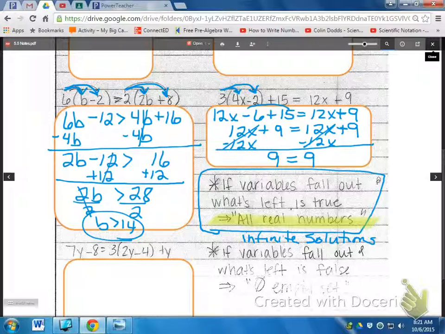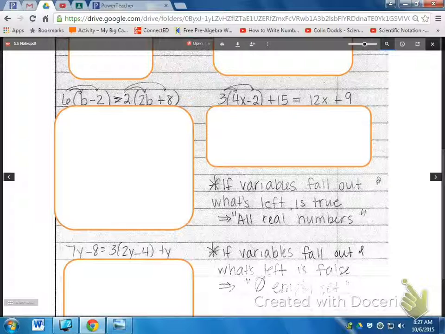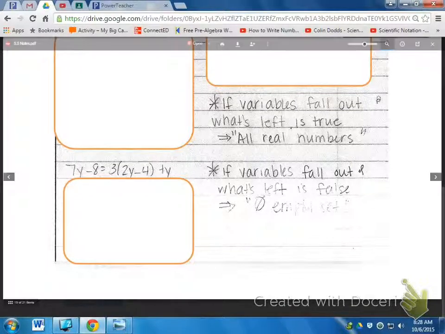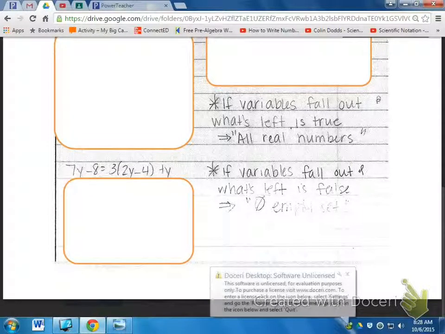Is everybody done writing the blue? Because I need to show you one more. And it's basically just the opposite of what we just did. So this last example: 7y minus 8 equals 3 times the quantity 2y minus 4, plus y.